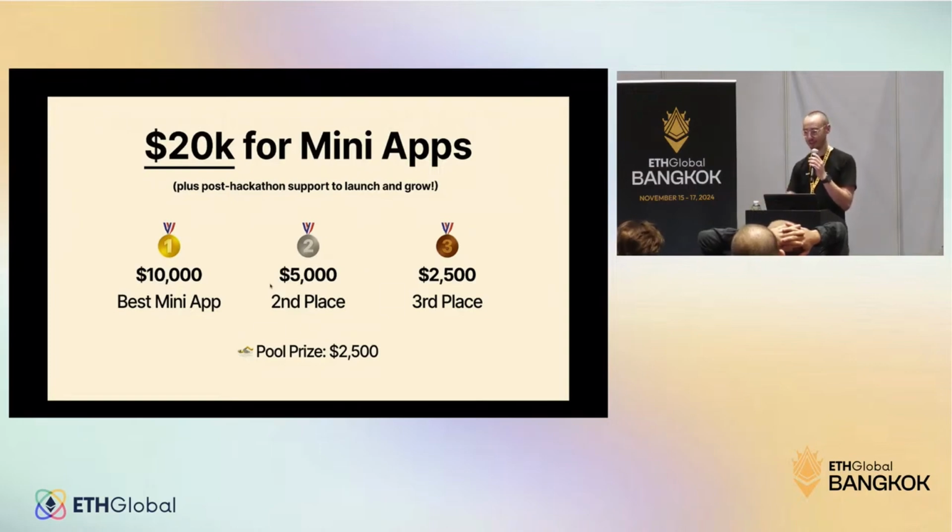We want to see real things be built that we can put in front of users and show them what they can use their World ID and their funds on chain for. We're committed to providing support after the hackathon to help you polish and grow your application.